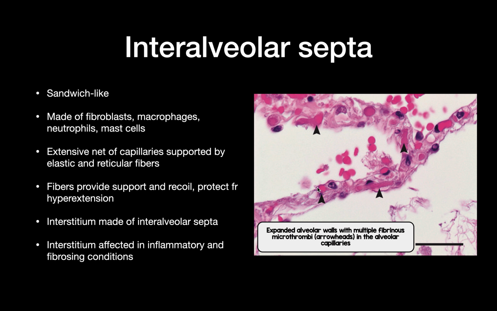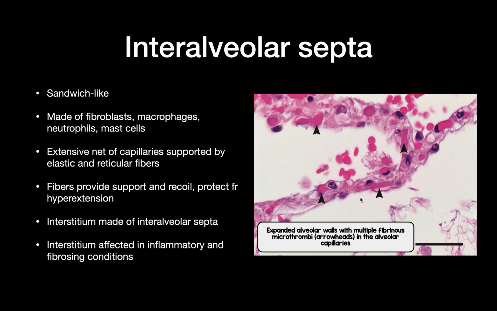And the interstitium of this is going to be made out of the interalveolar septa. And the interstitium is going to be affected in inflammatory and fibrosing conditions. So the interstitium should be, as you can see, flexible and elastic, but in inflammatory and fibrosing conditions they become very stiff, so it takes a lot more effort to breathe.